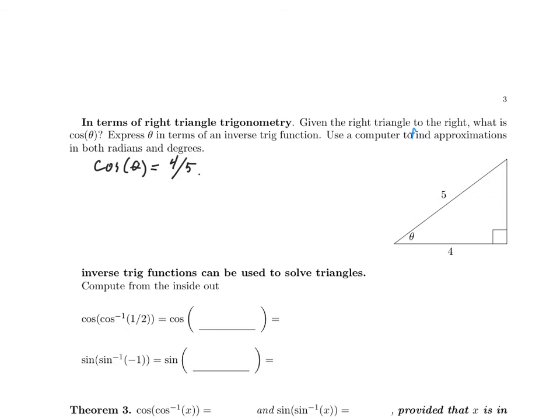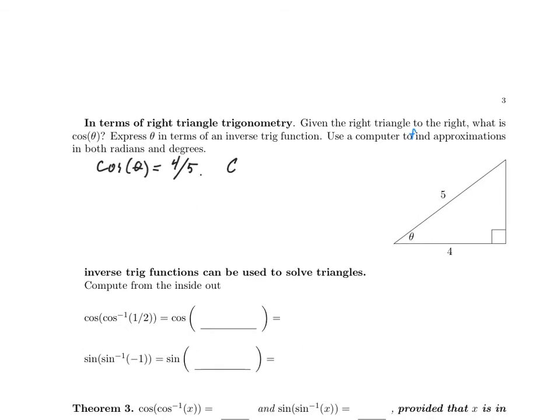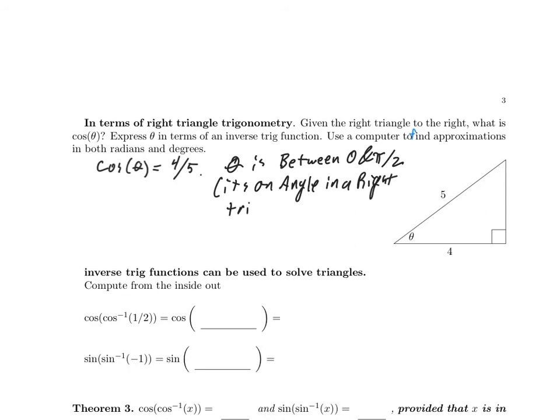The biggest angle you can see inside of a right triangle is, well, it has to be somewhere between 0 and pi. Oh, pi over 2, in fact. So theta is somewhere between 0 and pi over 2. It's an angle in a right triangle.